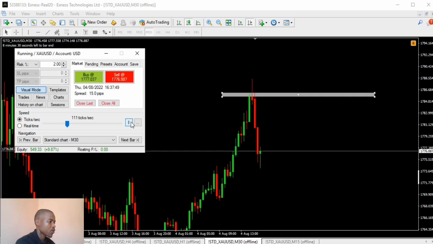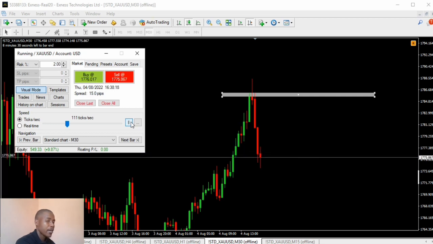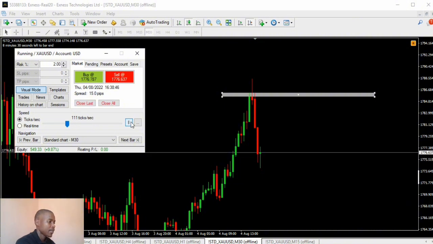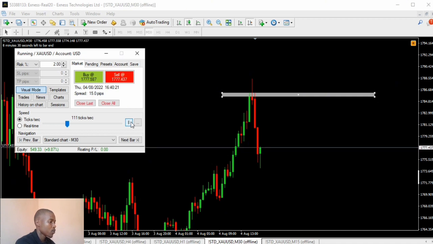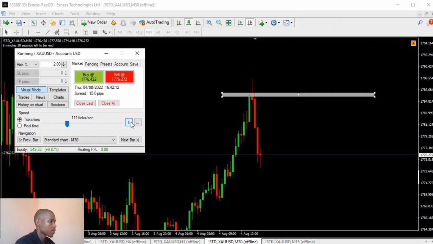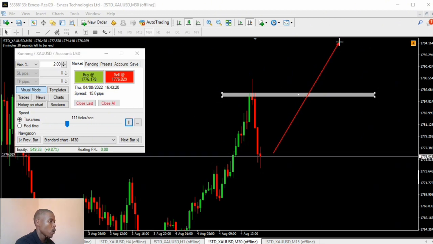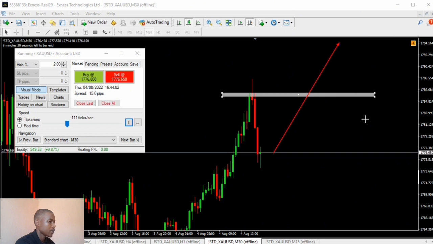Price is on a downtrend, on a bearish momentum right now. Price is rejecting that level. So we are most likely looking to create a support in order for price to move all the way up. That's what we want to see in this moment.